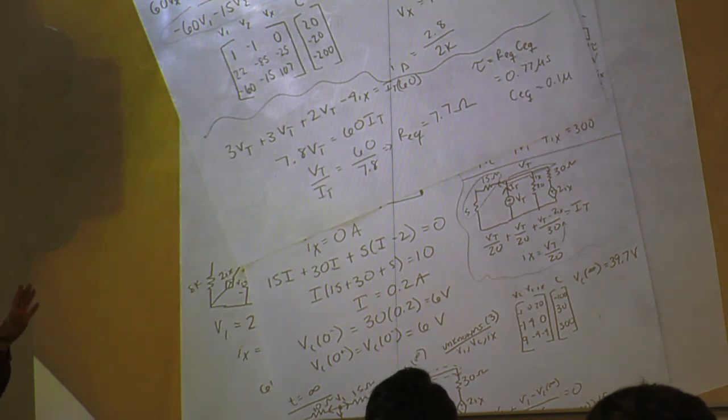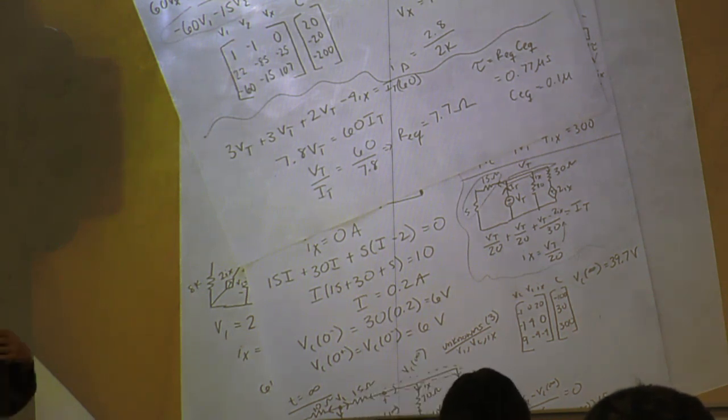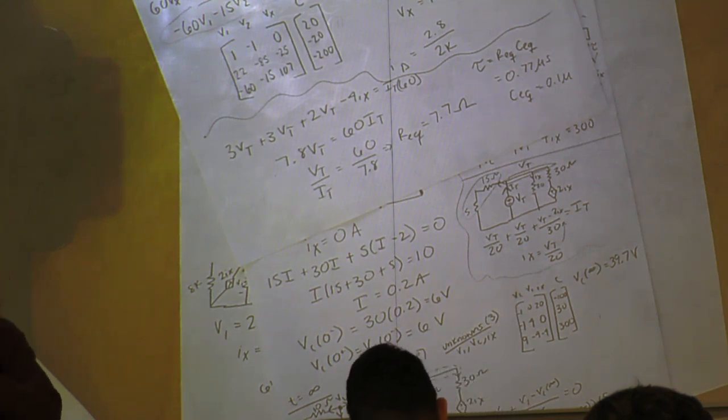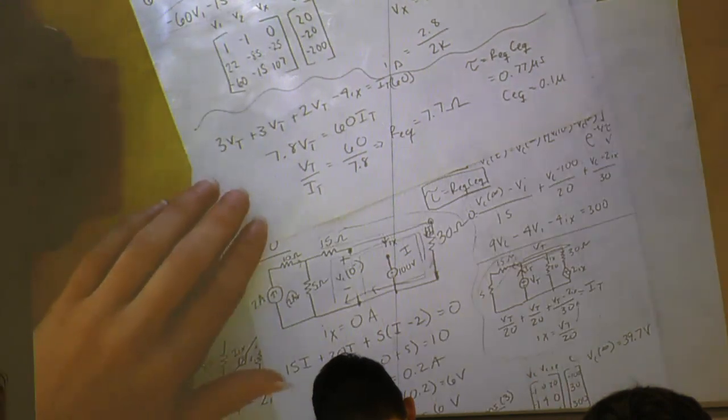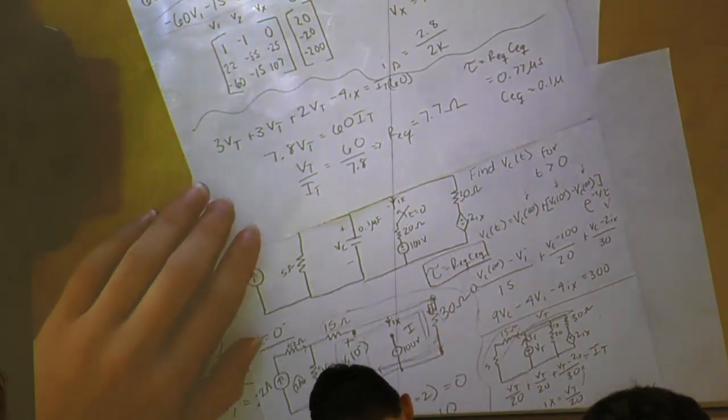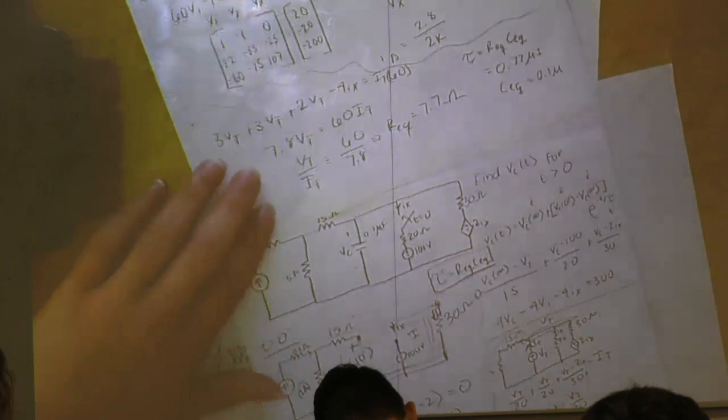Is everyone okay with how I got REQ? Cool. So then we want to find our final answer. The question asks for VC of t, so we want this final equation.